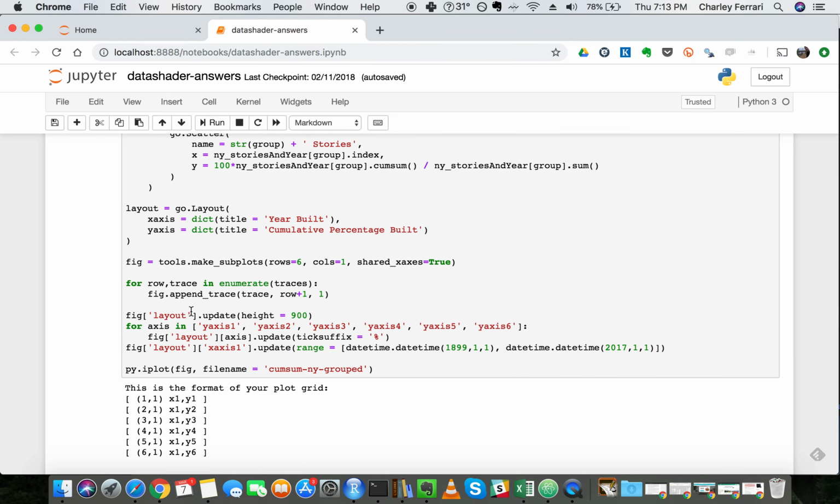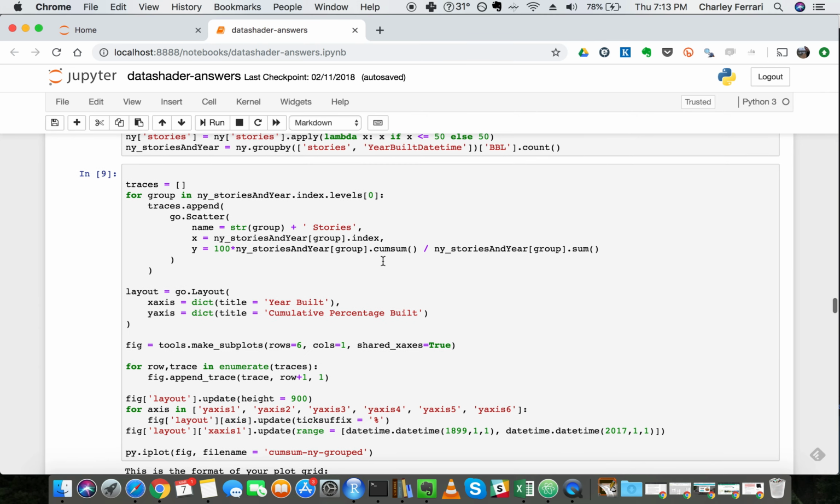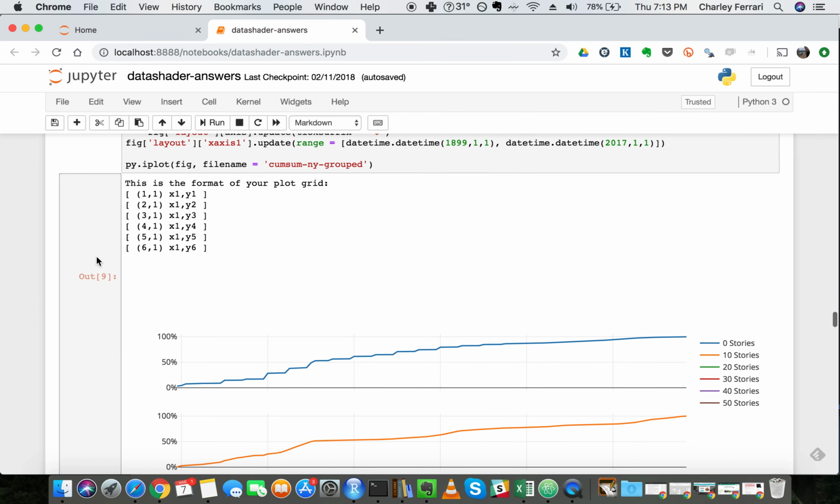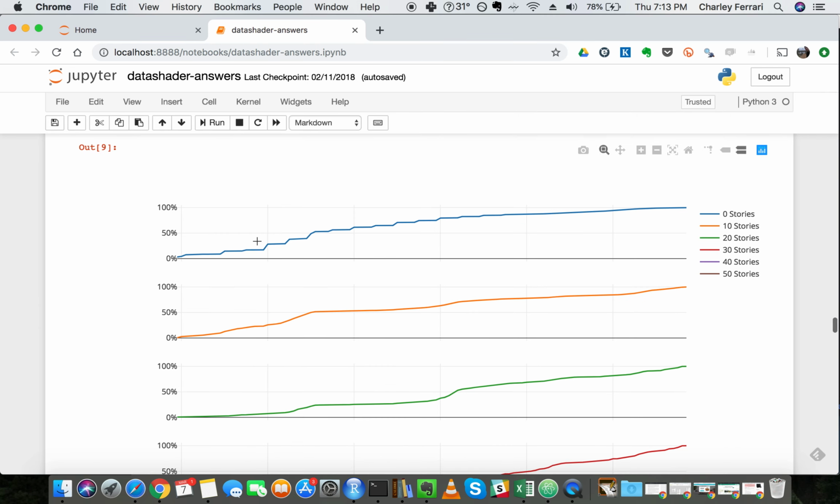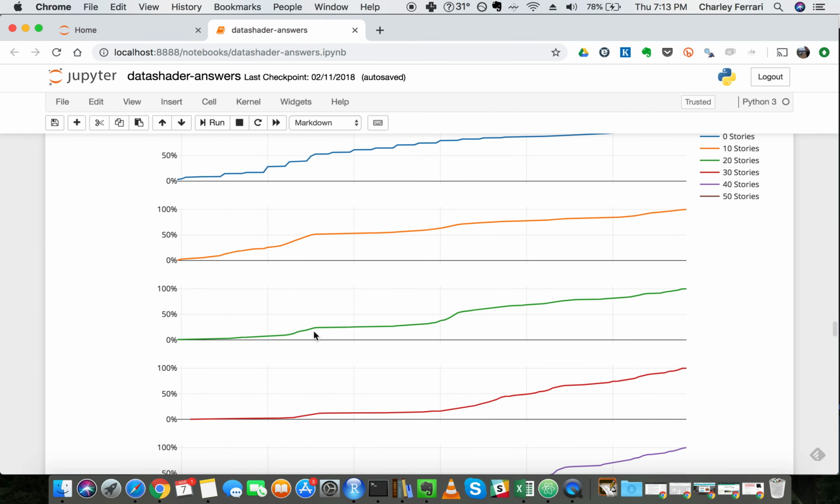And because we're able to use this cumulative strategy, we could answer this question for each of the building heights. So if we wanted to look at 20-story buildings, we could see that, and let's say we wanted to look at the first quarter, the first 25% of buildings.